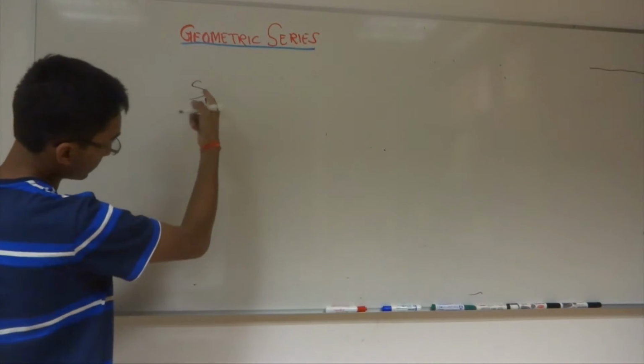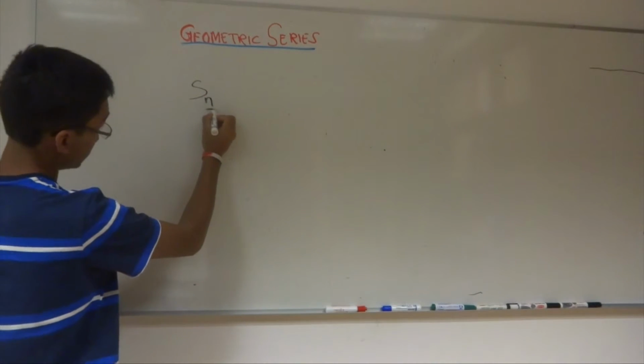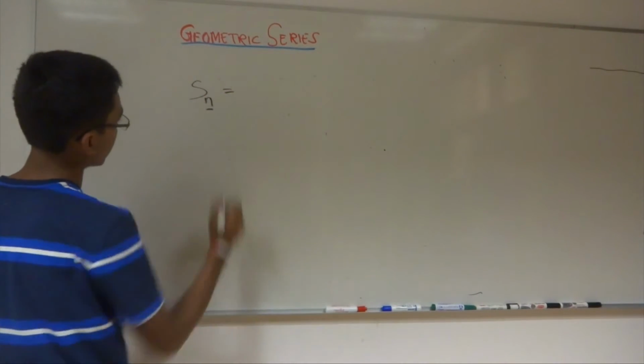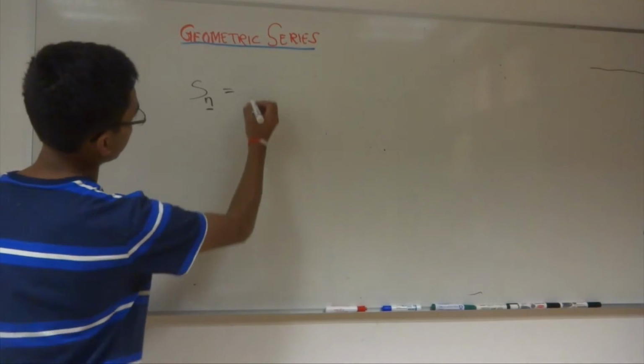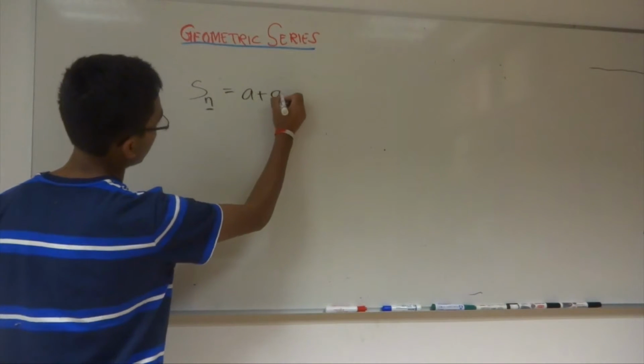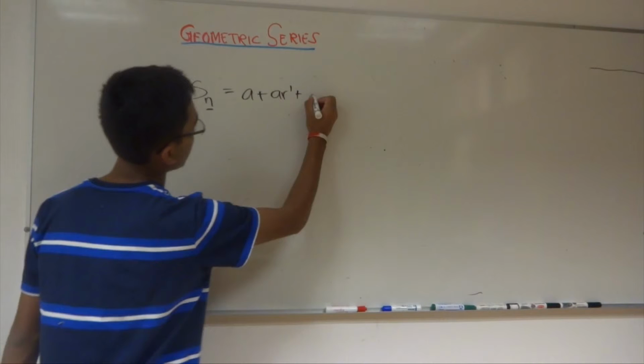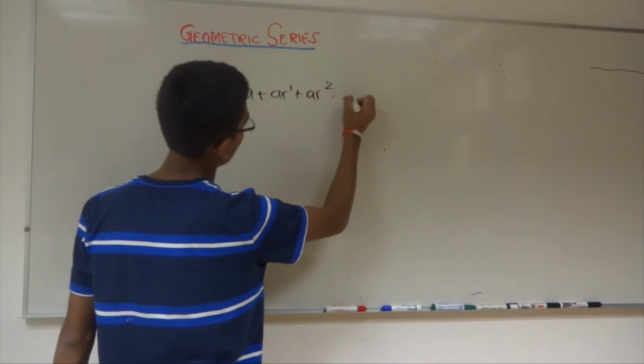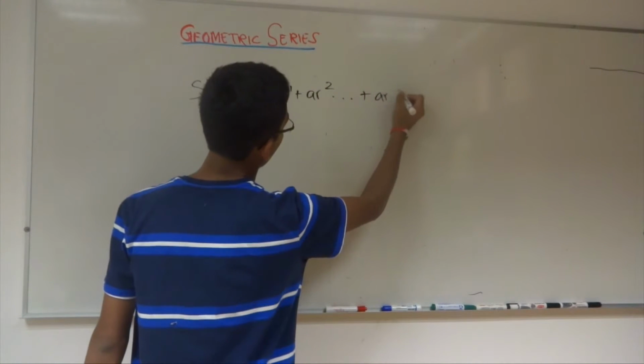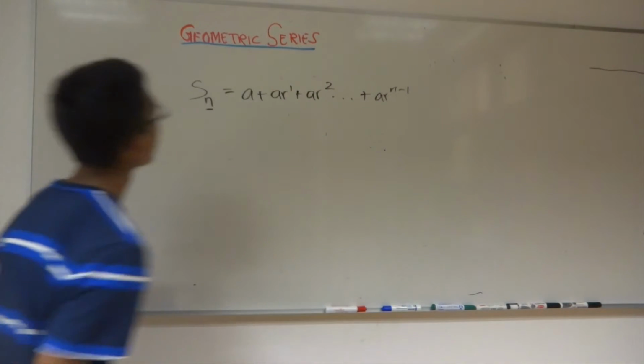The sum of a geometric series, S sub n, denoting the sum up to the power n: a plus a r to the power of 1 plus a r to the power of 2, dot dot dot, plus a r to the power of n minus 1.